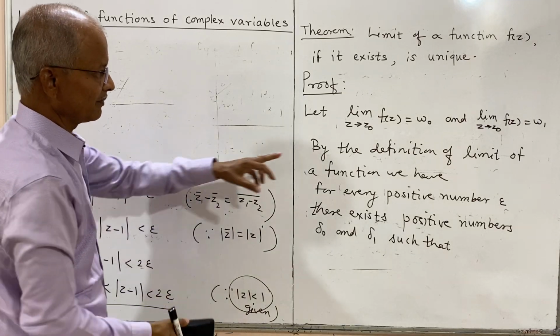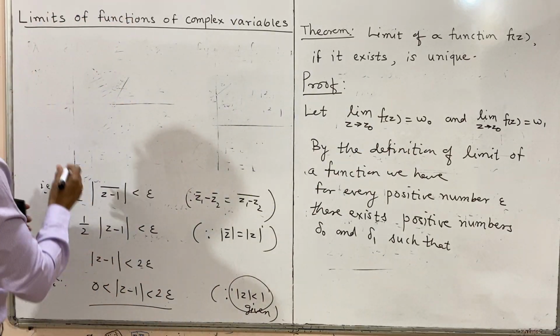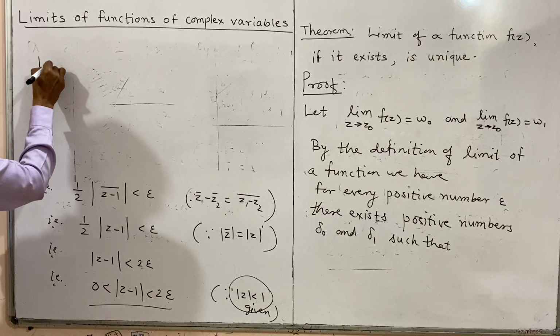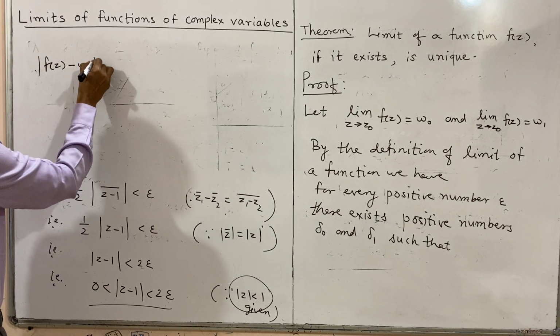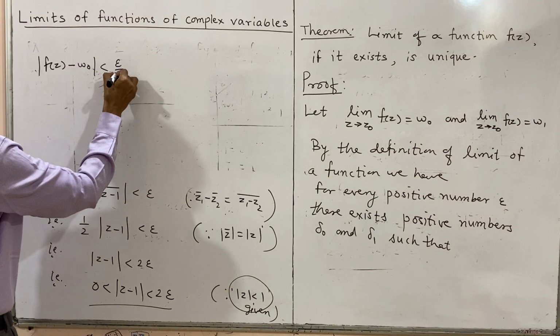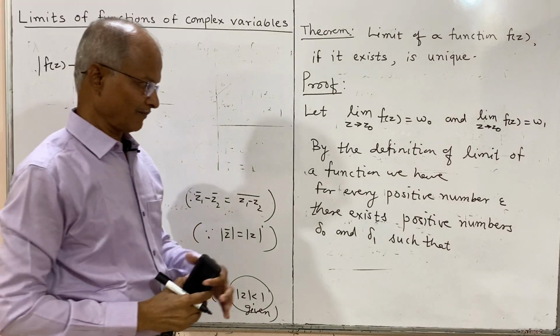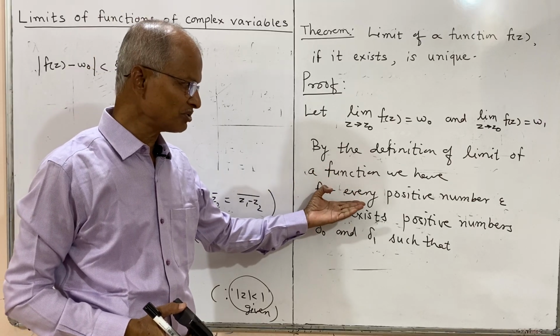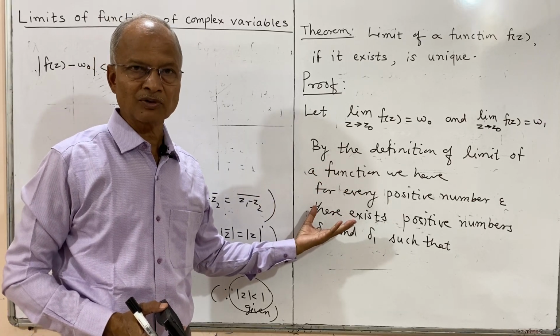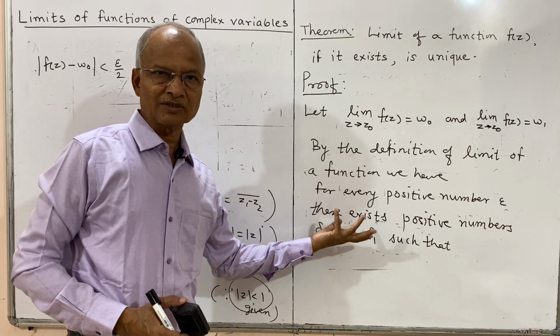For the first limit, mod of f of z minus w0 is less than epsilon by 2. Epsilon is arbitrary, so for every epsilon the result holds. If epsilon is a positive number, epsilon by 2 is also a positive number, and the same result holds.